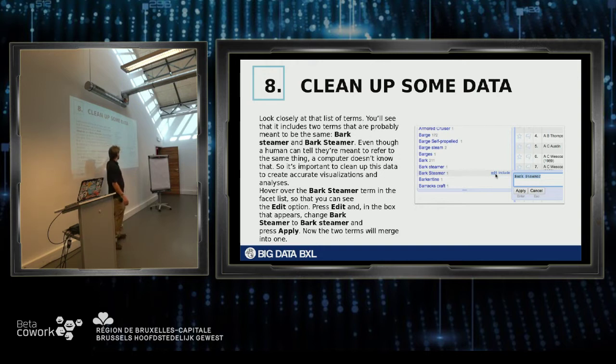So you just go on the second line maybe, and then you click on the edit button, and there you can change this to bark lowercase steamer. So you can just change this one to the same as this one.